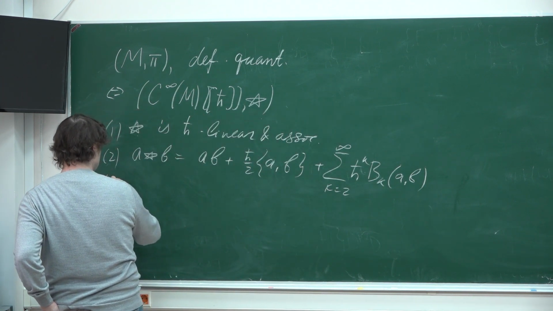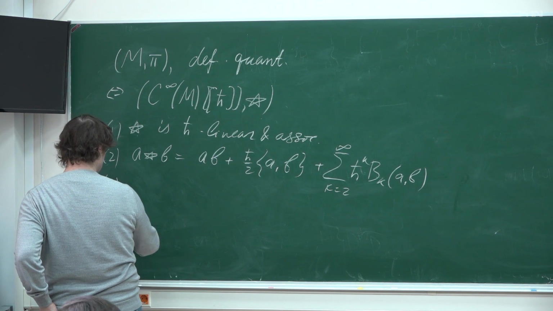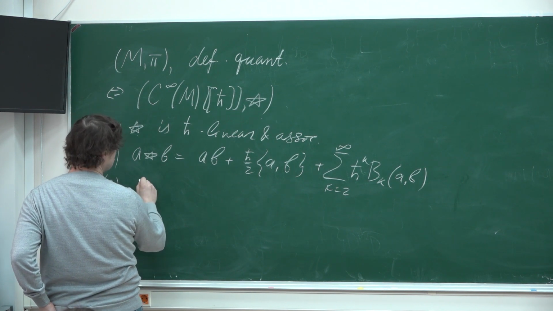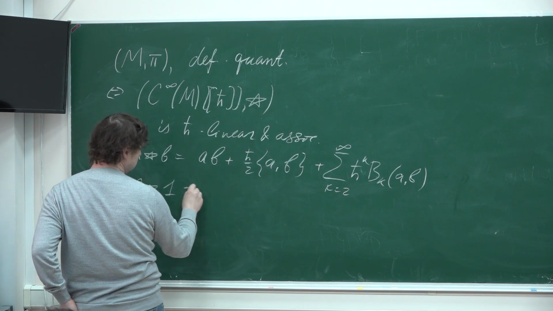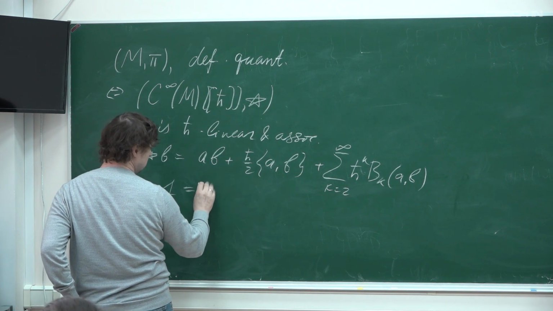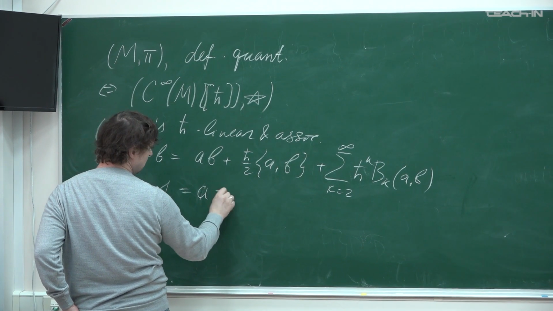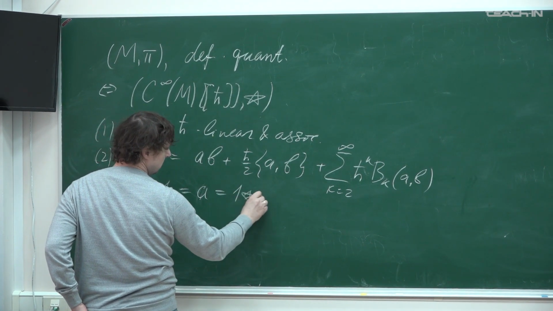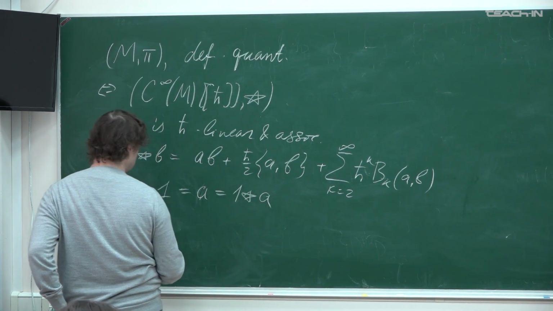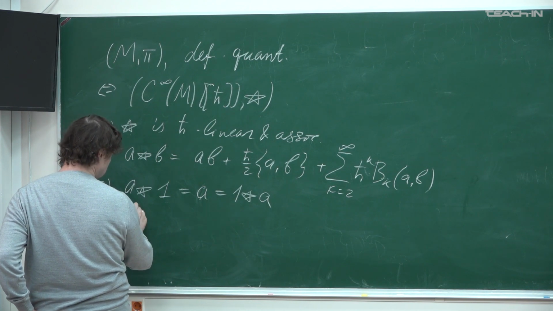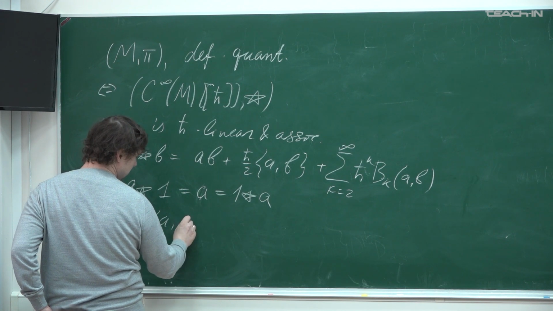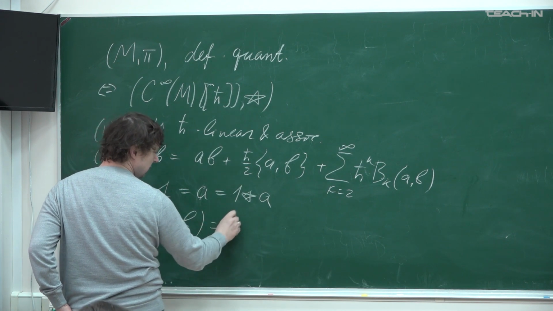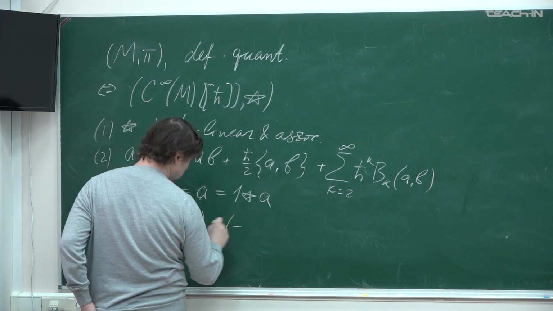There are two other conditions, more technical, which are sometimes omitted. First, that the unit function gives the unit of the product. And also that the B_k are skew symmetric depending on the index.